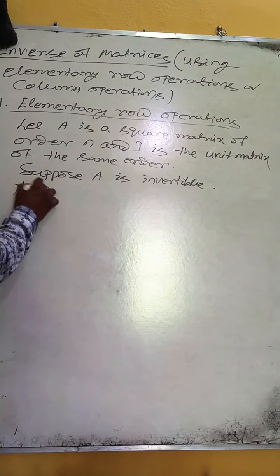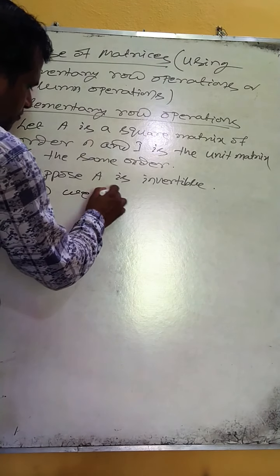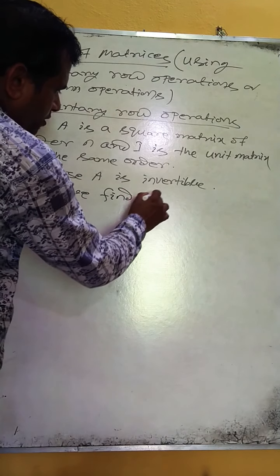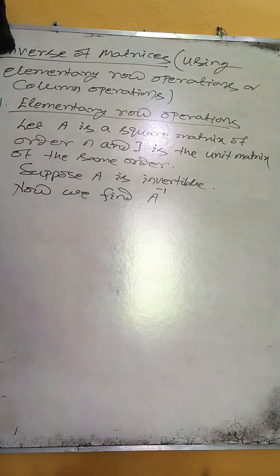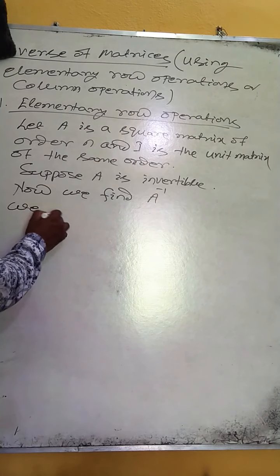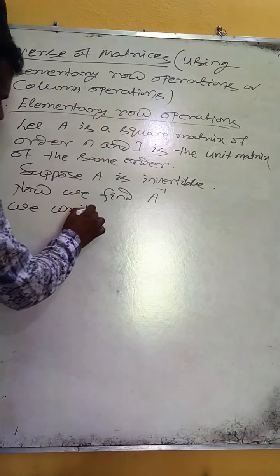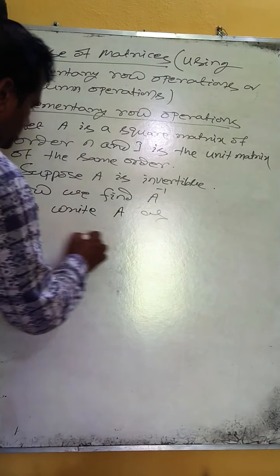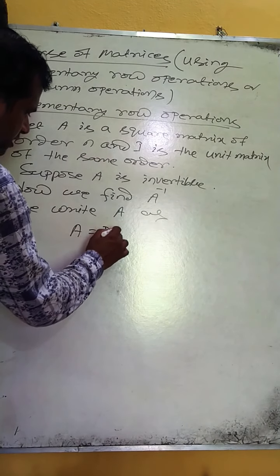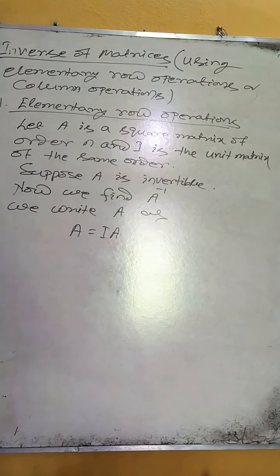Now we find A to the power minus 1, or A inverse. We write A as A equals IA. You know, I is the unit matrix of the same order as A, which is a square matrix of order n.